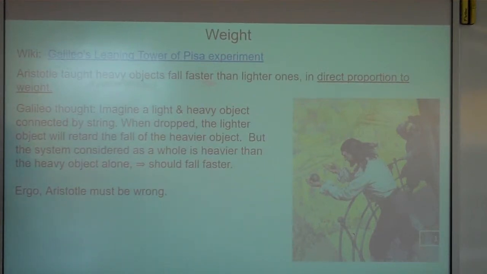Just apropos of nothing, if I drop this pen, what's the rate of acceleration for a dropping object? 9.8? Yes. What about this heavier metal bulldog clip? If I drop it, what's its rate of acceleration? 9.8. Is there anything I can drop that doesn't have a rate of acceleration of 9.8?